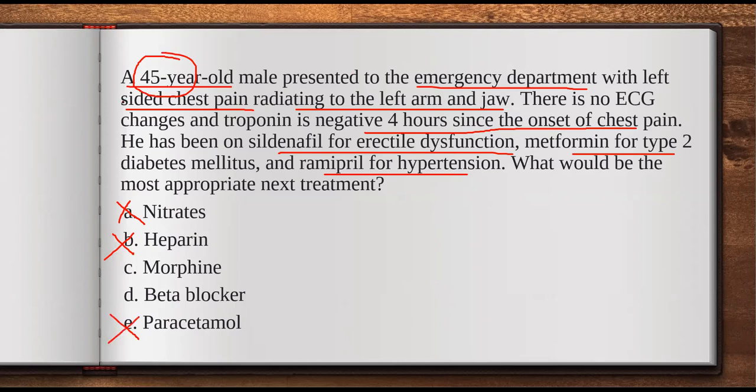Now, as this patient is having chest pain and chest pains are really severe, for chest pain, you can give morphine in this patient. For this particular question, we don't have any other choice. So we have morphine from the monotherapy. So MONA.